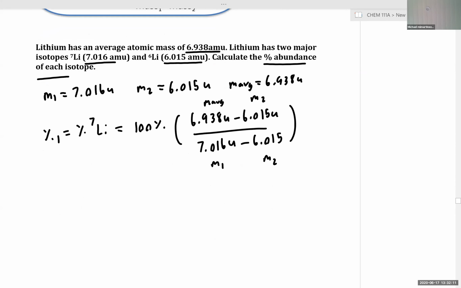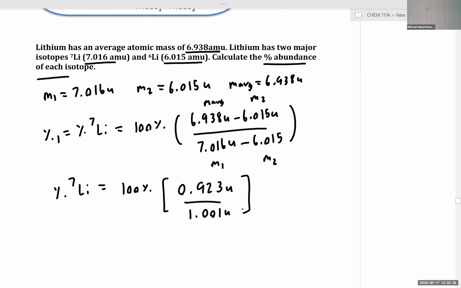So, calculating the percentage of lithium 7, we get 100% times, and let's see what this looks like after our first step in the calculator. We're dealing with subtraction, so we have 0.923 AMU over 1.001 AMU.